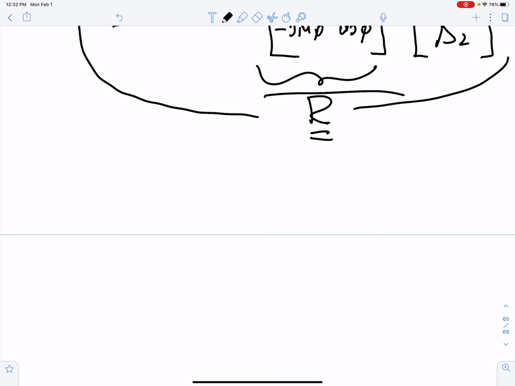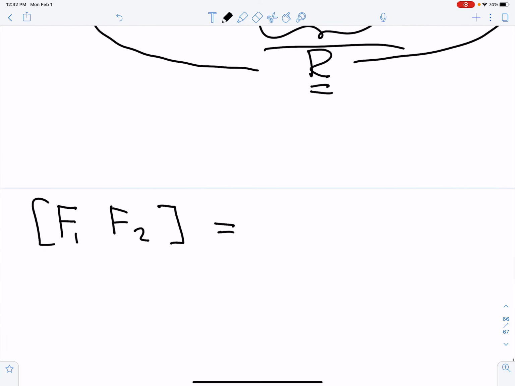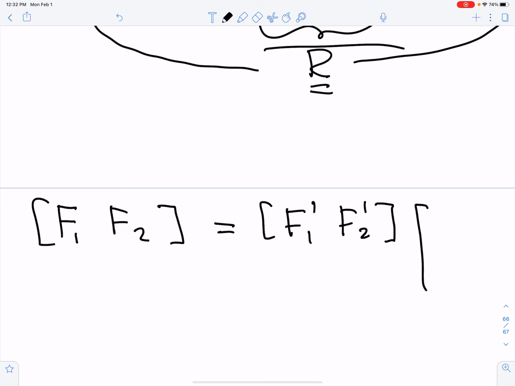So another way to write this would be F1, F2 as a row vector equals F prime 1, F prime 2 as a row vector times the rotation matrix.